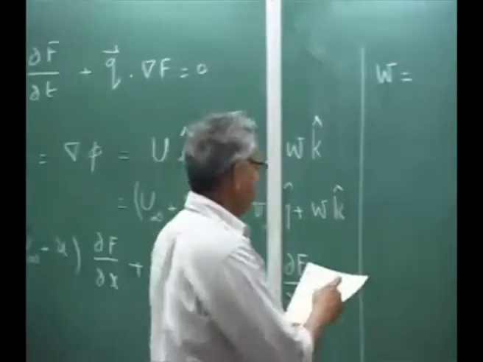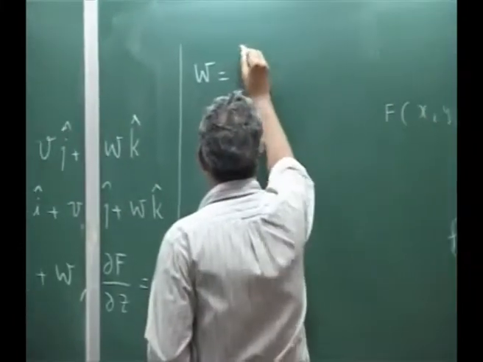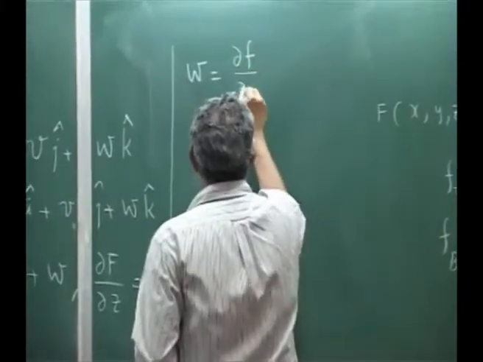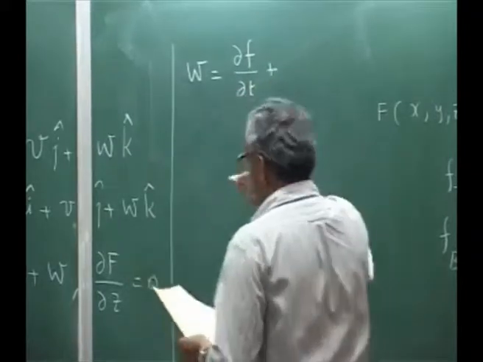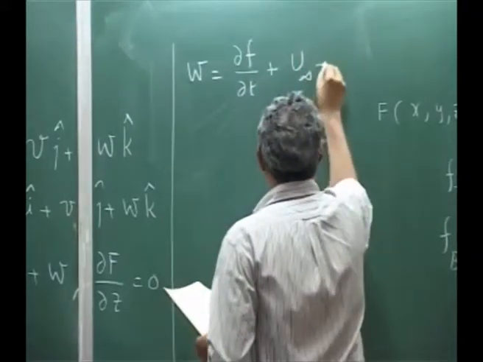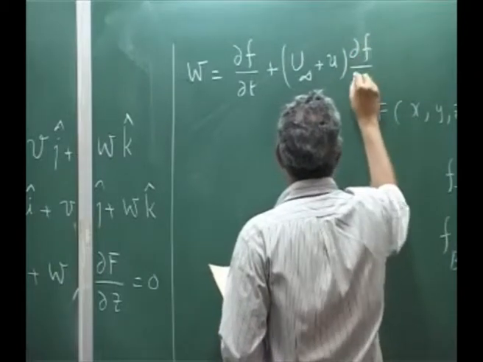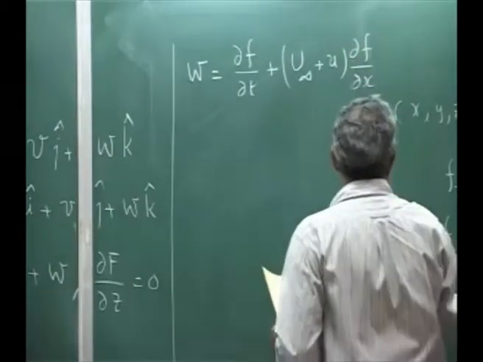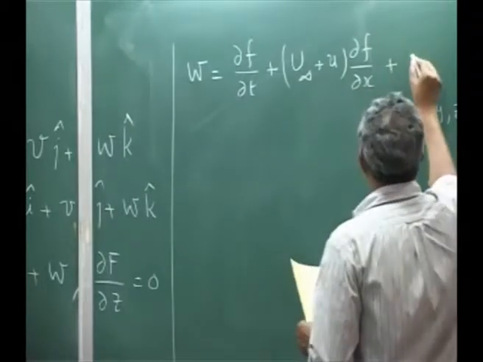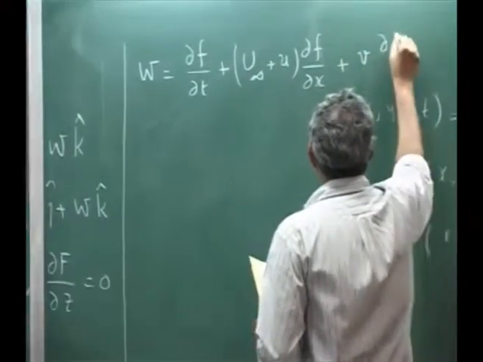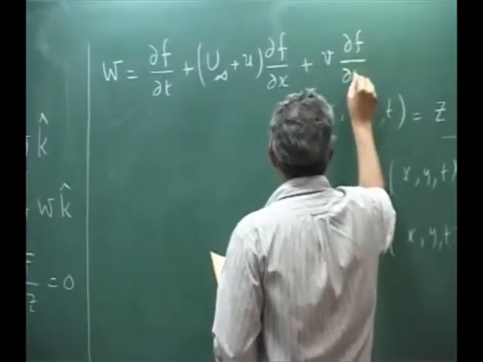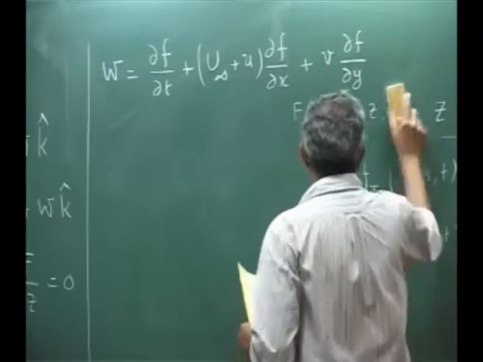So you transfer all the terms to the right hand side, you will get delta f by delta t plus u infinity plus lowercase u times delta f by delta x plus v delta f by delta y. Okay.